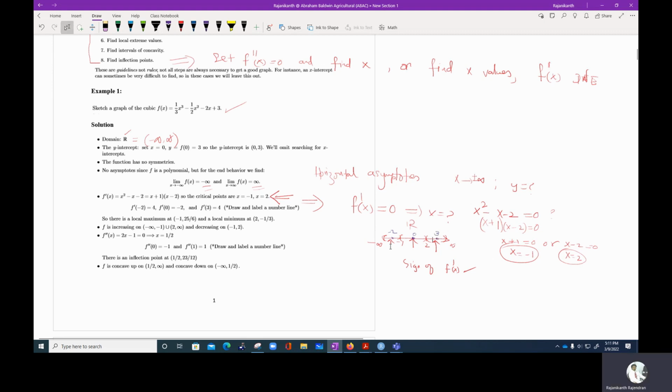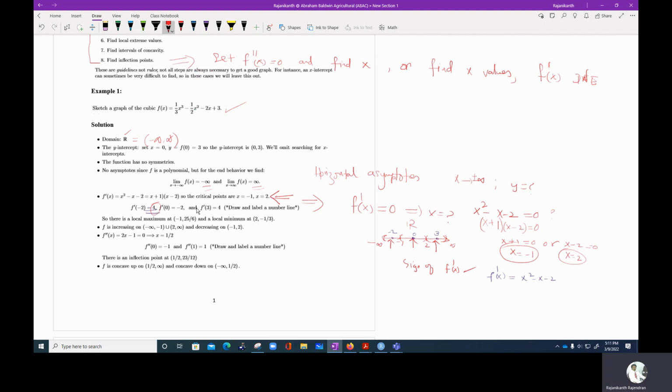So what you want to do is simply plug all three values into the derivative function. Remember the derivative function for this problem, f prime of x, was x squared minus x minus 2, right? Simply plug those three values into this function and check the sign. The function evaluated at -2 gives 4, which is positive.